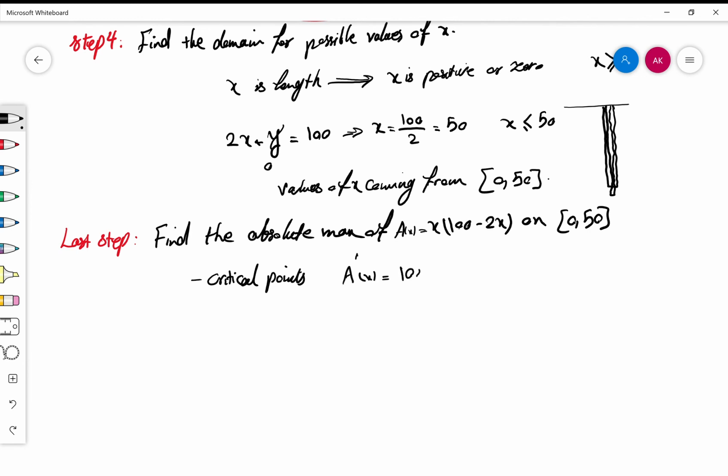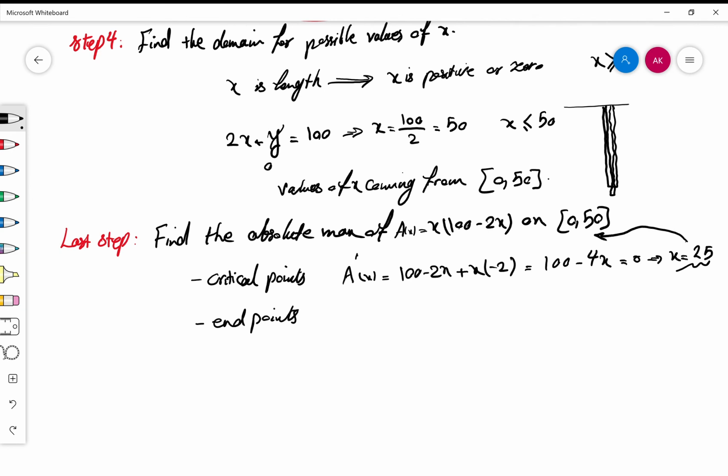It is 100 minus 2x plus x times negative 2. This gives us 100 minus 4x. Set it equal to 0, then x is 25. That's a critical point, and it is in the interval. Then endpoints, these are 0 and 50.